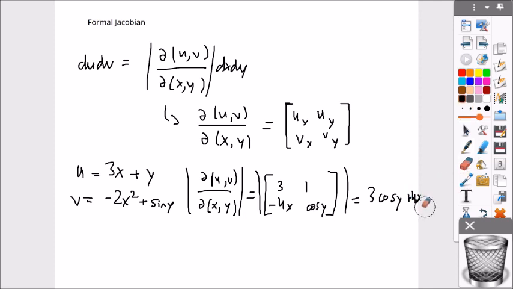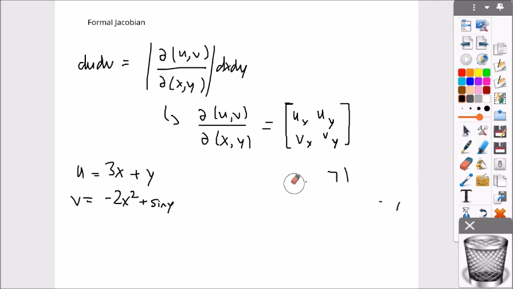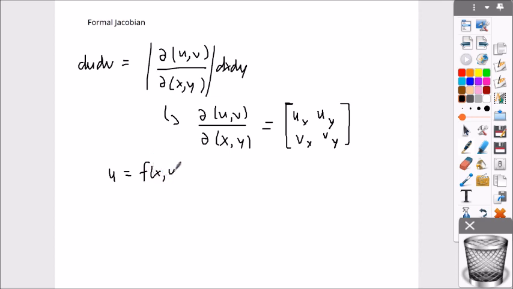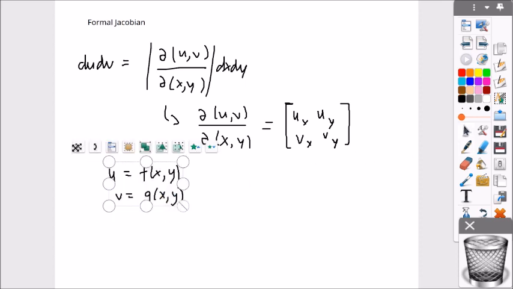So it's a little bit wild. And usually we would actually want to convert these y's and x's in terms of u's and v's, but we're just doing very simple Jacobian stuff right now, so u and v usually isn't this complicated. Now this only works if we're having u equal to a function of x, y, and then v equal to another function of x, y, then we can use this.